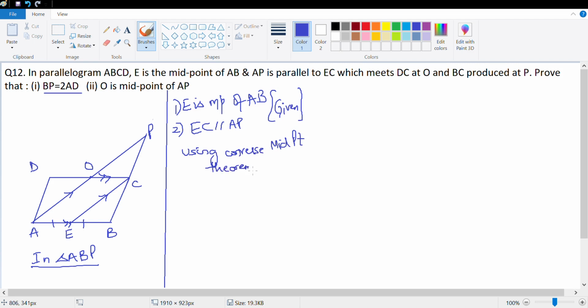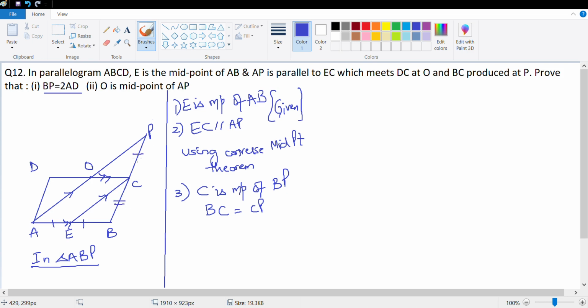If I use the converse midpoint theorem, what I'll get is, in triangle ABP with one midpoint, C would be the midpoint. So C is midpoint of BP. What it means is BC is equal to CP. Let's mark that.